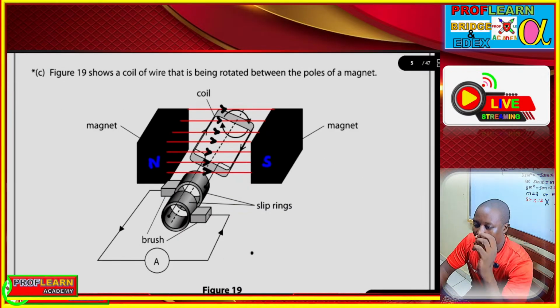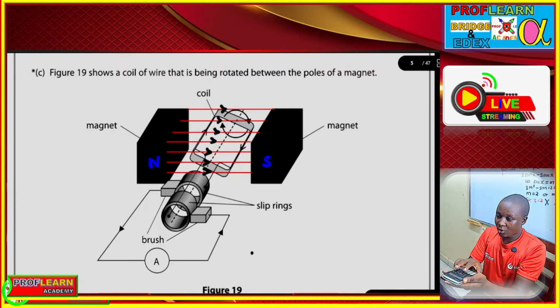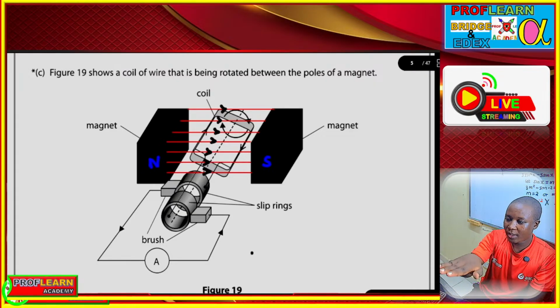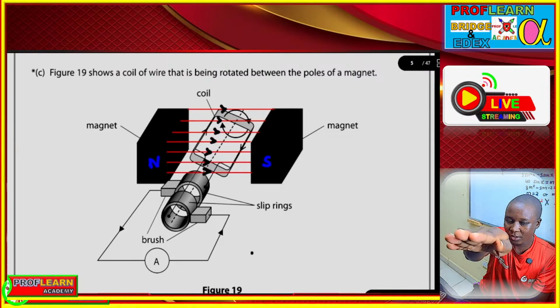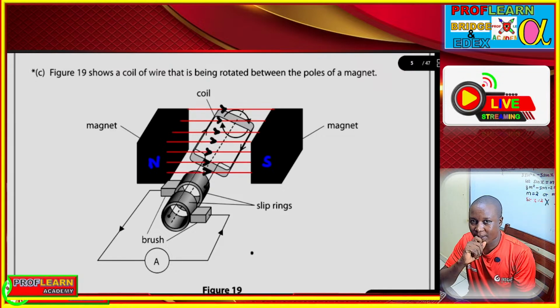When the coil rotates within the magnetic field, it is going to cut through the fields.